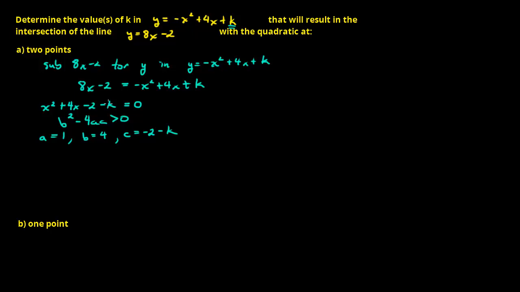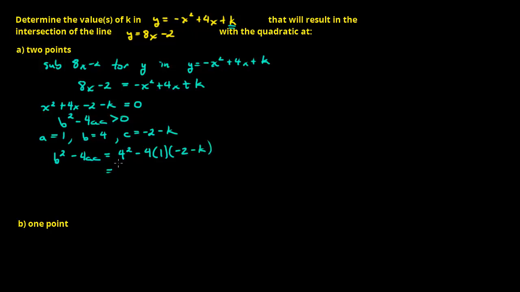So let's now write out the discriminant. b squared minus 4ac in terms of our numbers and our constant k would be equal to 4 squared minus 4 times a, which is just 1, times c, which is minus 2 minus k.